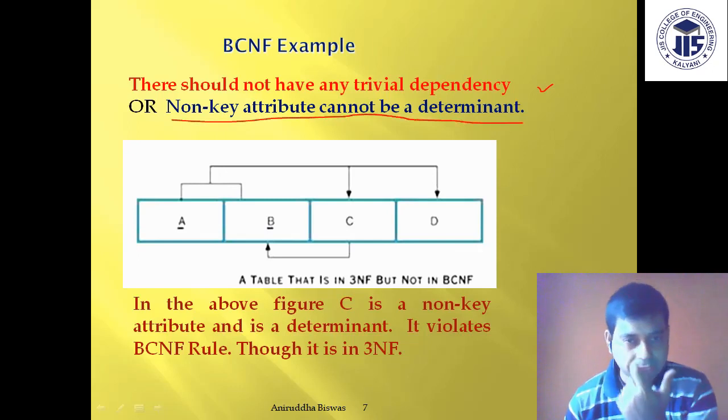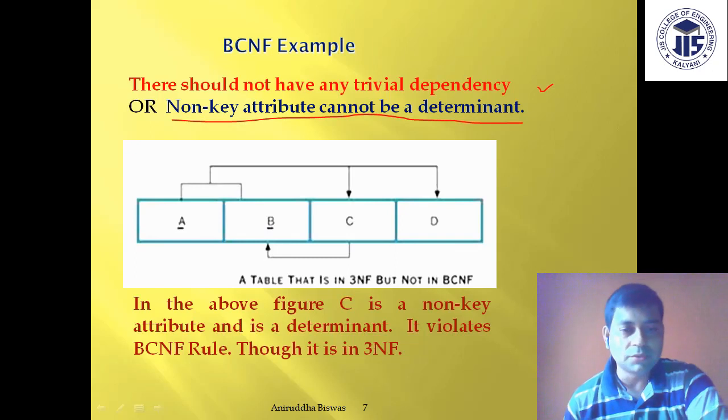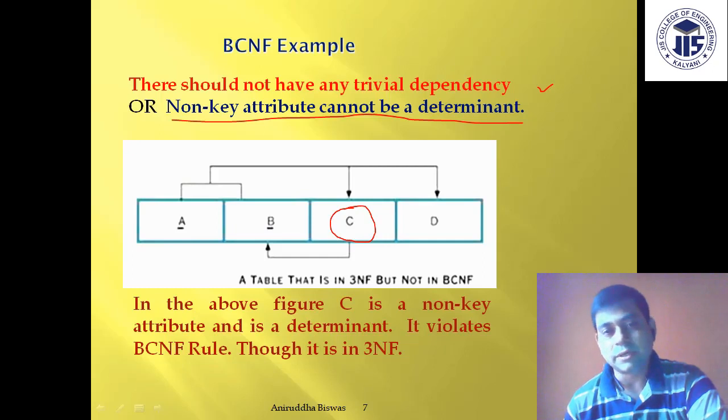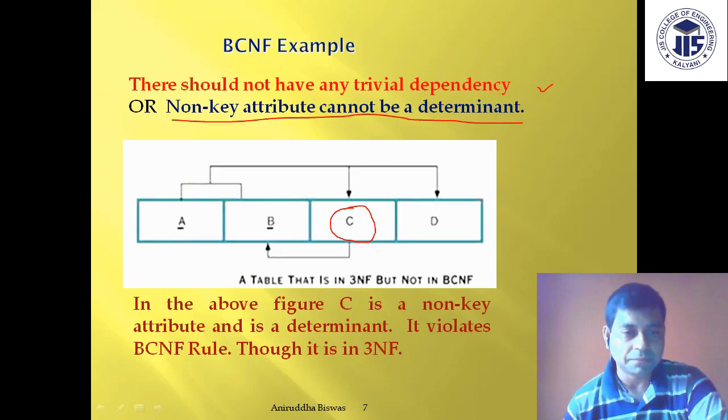So if in the table there is a non-key attribute, let's give an example here. Look at this particular attribute, which is C. It is a determinant of a particular partial key, that is B here. Now in the above figure, C is a non-key attribute and is a determinant as well, and it violates the BCNF rule, though it is in 3NF.